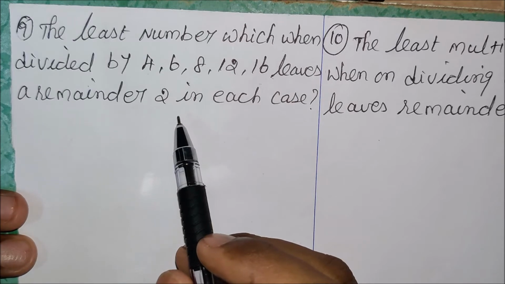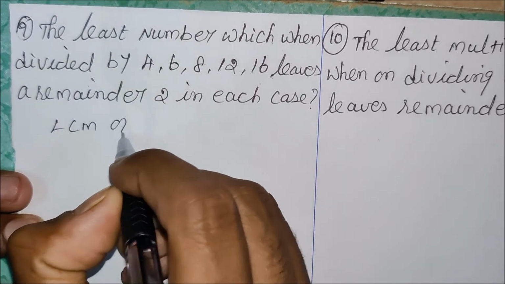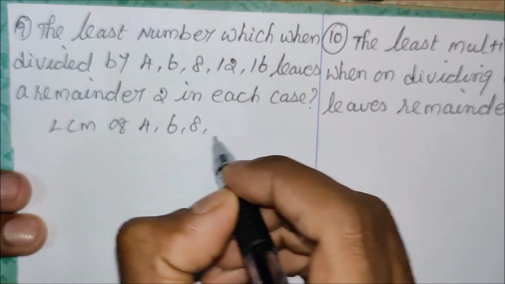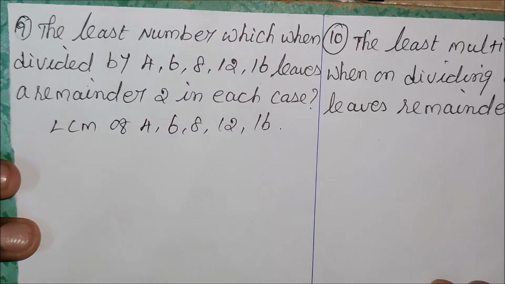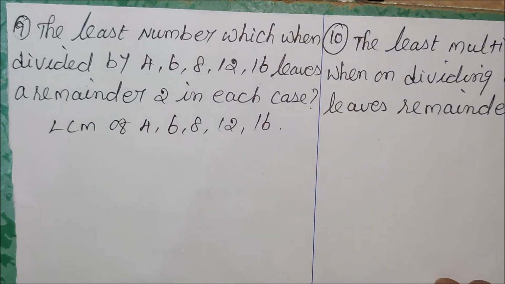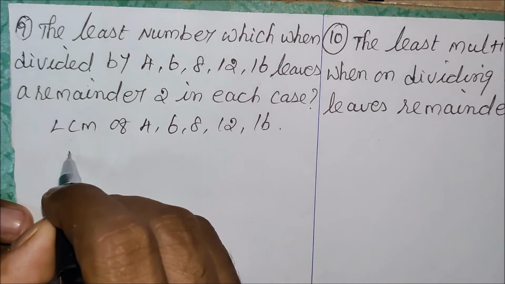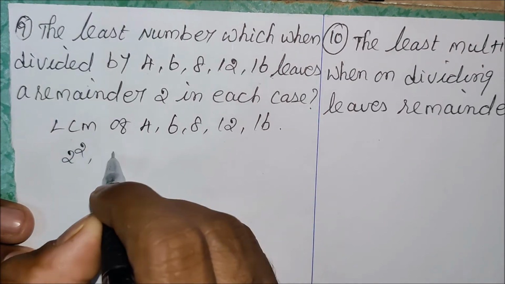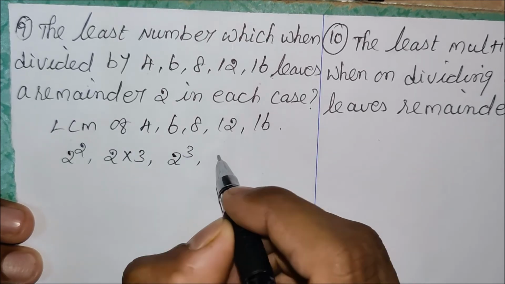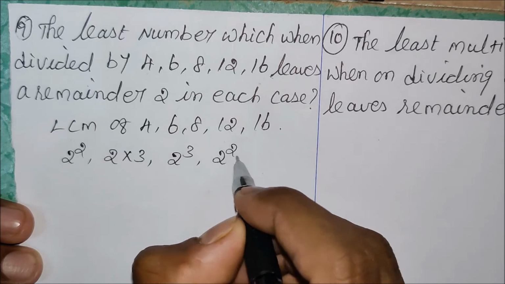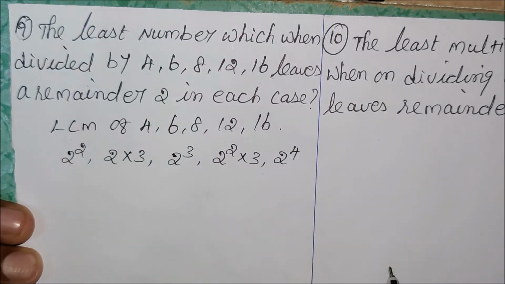First we will find the LCM of those numbers, that is of 4, 6, 8, 12 and 16. For calculating LCM, first I need to find the prime factors of these numbers. They are 2 square for 4, 2 into 3 for 6, 2 cube for 8, 2 square into 3 for 12 and 2 power 4 for 16.